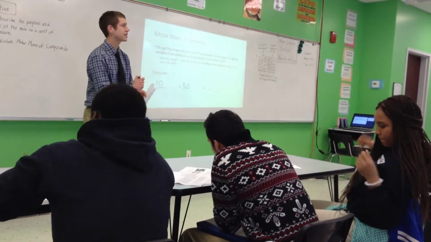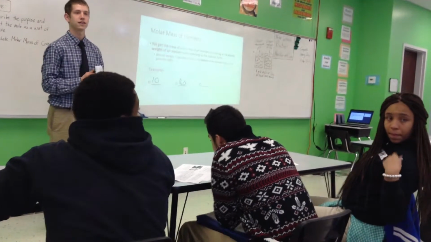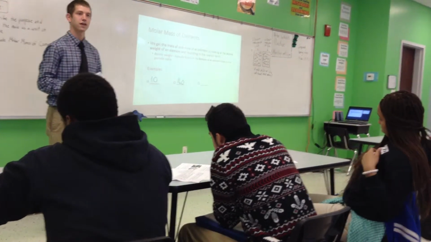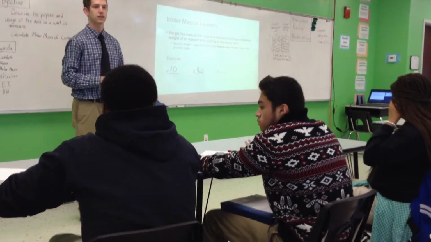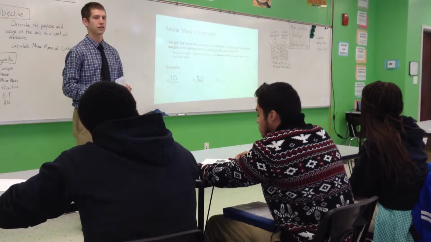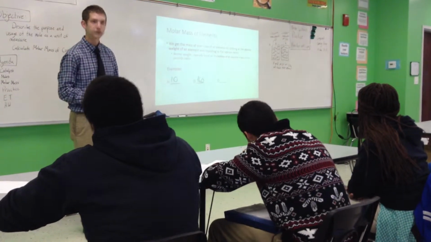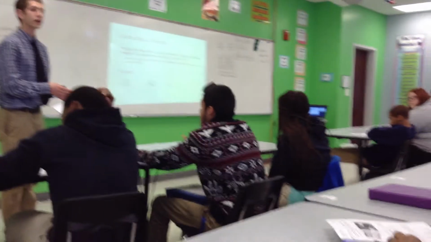How about for another, Cl? Yes, ma'am. I had a question about the molar mass. I thought the mole was 6.022 times 10 to the 23rd. So that is what 1 mole is equal to.